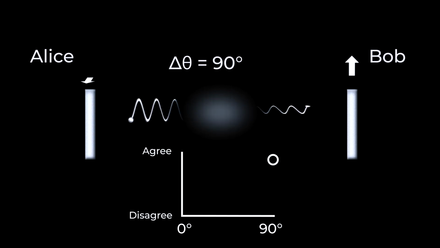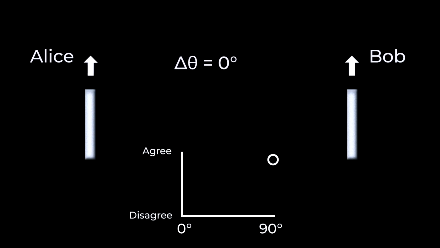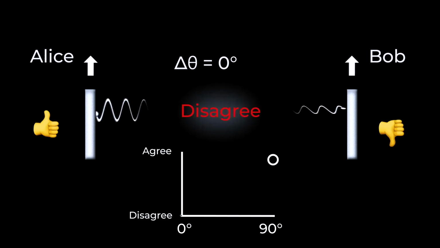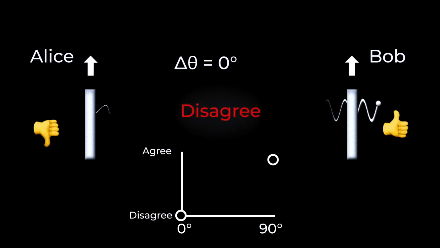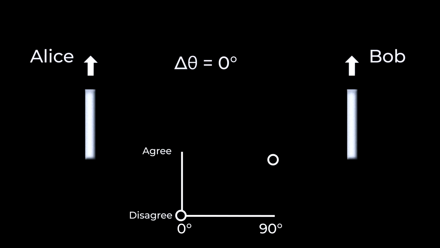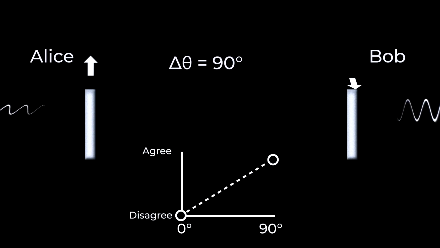If, however, Alice and Bob both align their polarizers, either Alice should see a photon and Bob shouldn't see one, or Bob should see a photon and Alice shouldn't see one. The interesting part happens at angles between these positions. If the universe is real and photons are truly independent, Alice and Bob's rate of agreement should linearly move between full agreement and full disagreement.